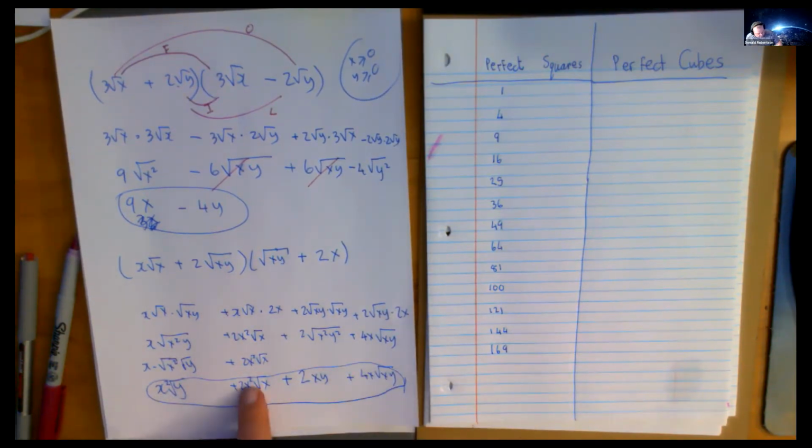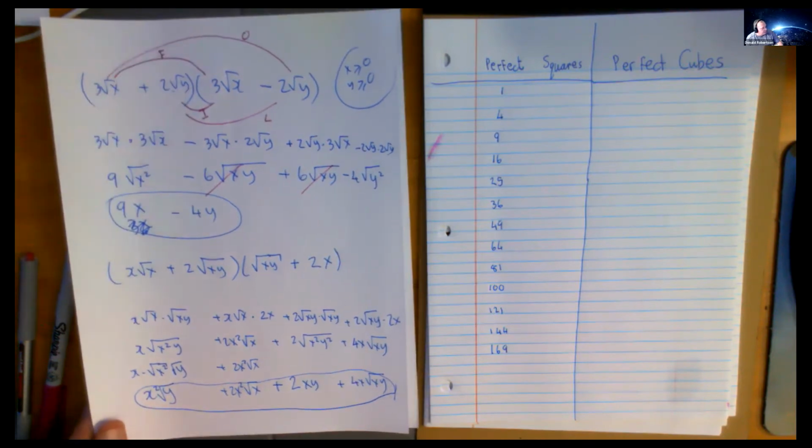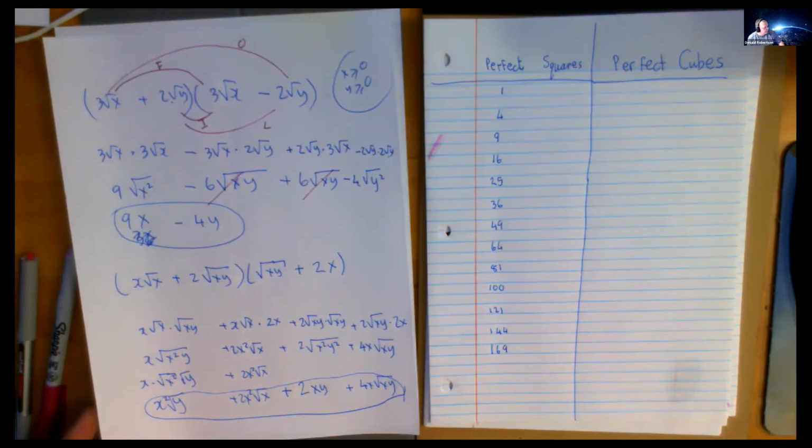Would you agree each one of these terms is different enough from the others that you can't combine them? So you're finished. Is there anything that I've done so far to do with multiplying square roots that you'd like me to talk about, or do we feel good? Last chance, we feel good?